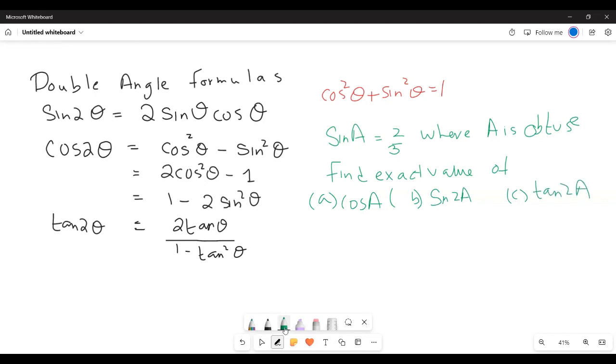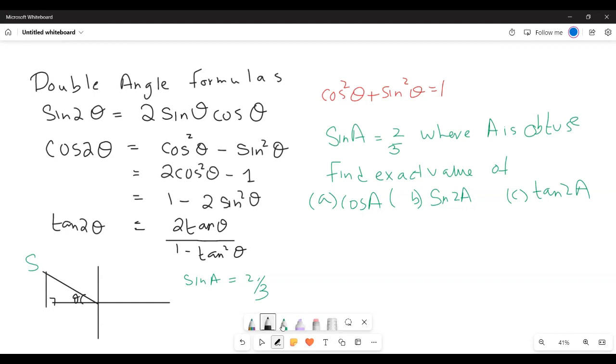Okay. Again, since A is obtuse, let's plot it in the second quadrant. I'll do it here. So it's here. And in the second quadrant, we know only sine is positive. So sine A is already given to us. Sine A is 2/3. So I'm going to draw a right angle triangle here.